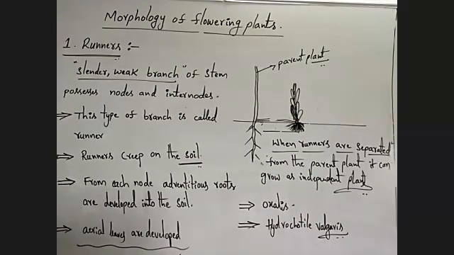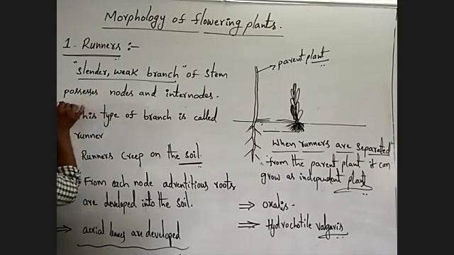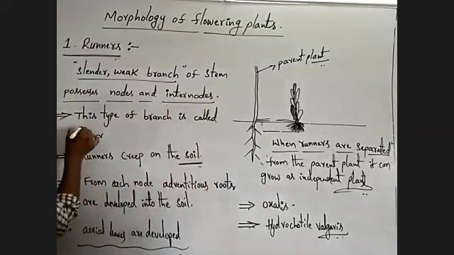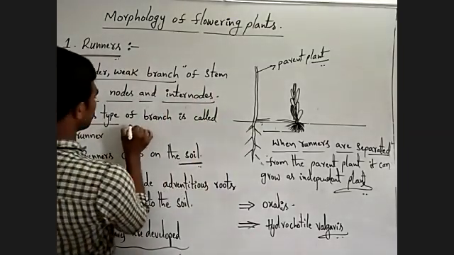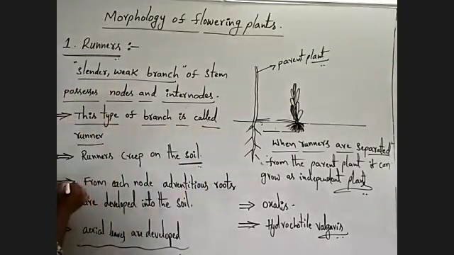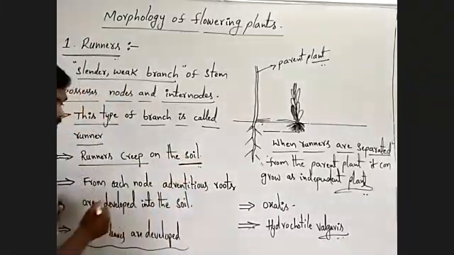In runners, slender weak branch of stem. Okay, which branch of stem possesses nodes and internodes? Actually, runners, this type of branch is called runner. Runners creep on the soil.